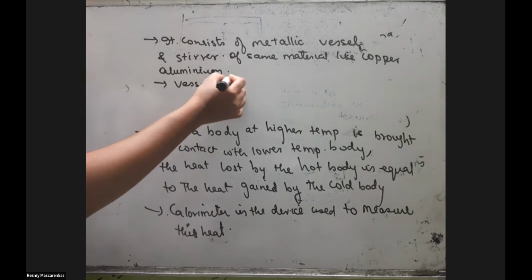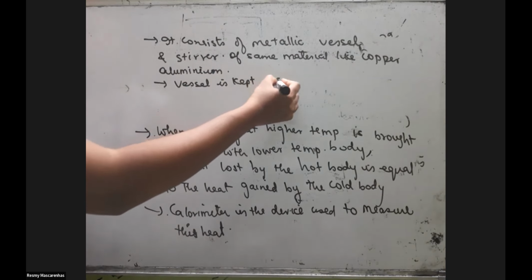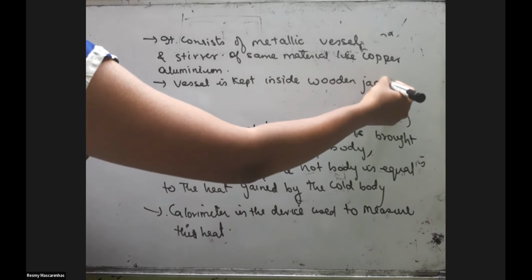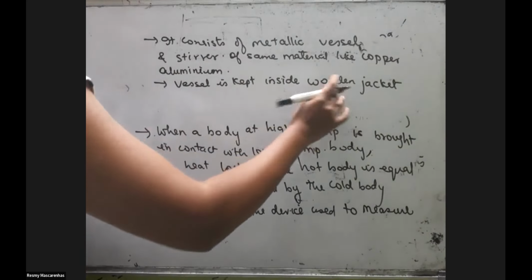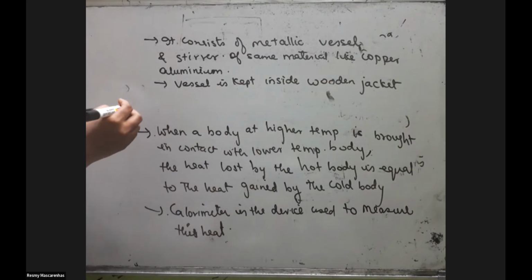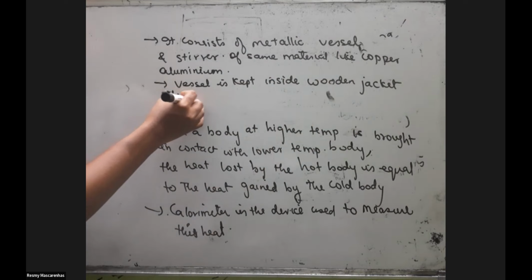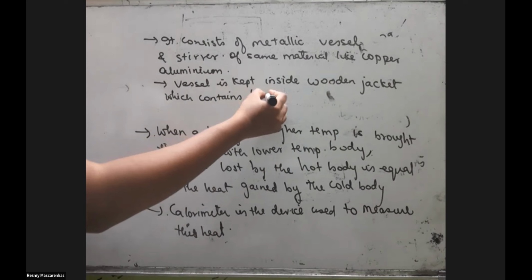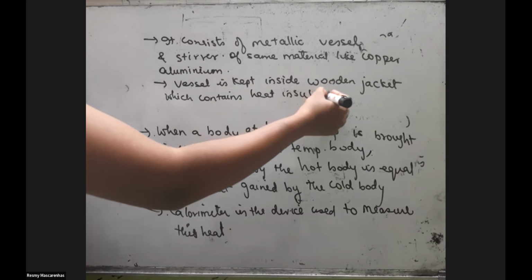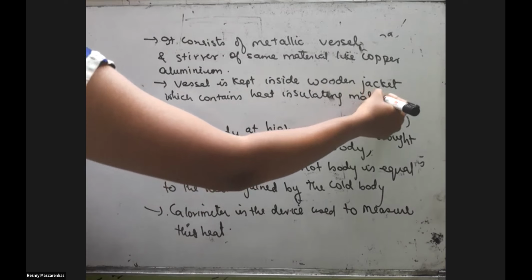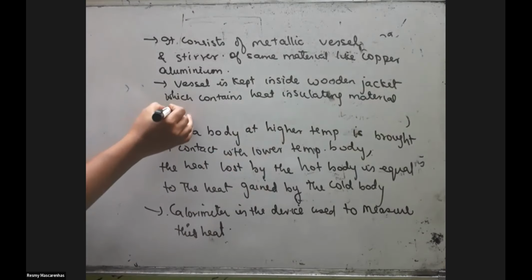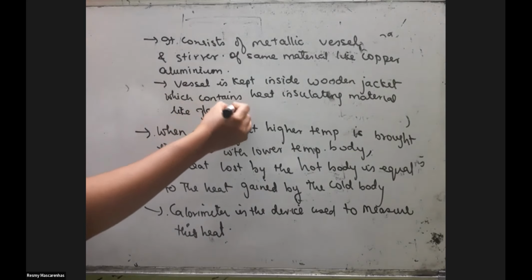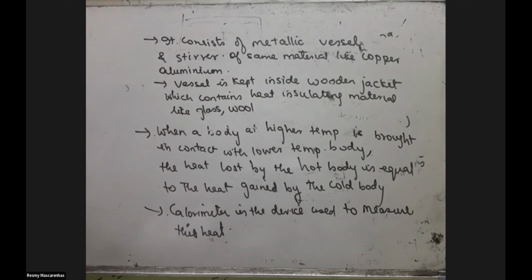The vessel is kept inside a wooden jacket. Wooden jacket means insulated material, which contains heat insulating material like glass wool.